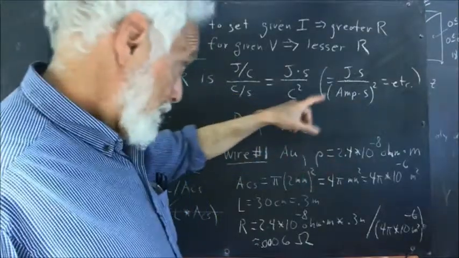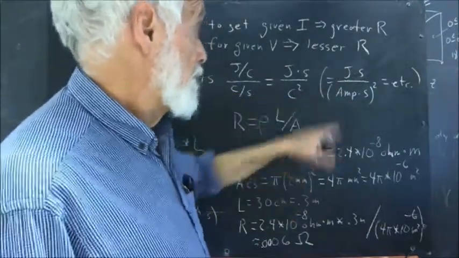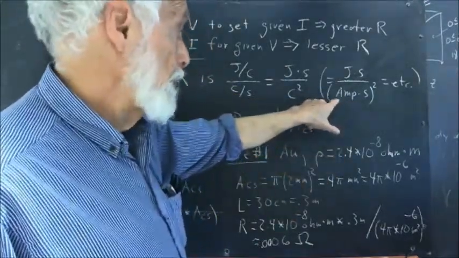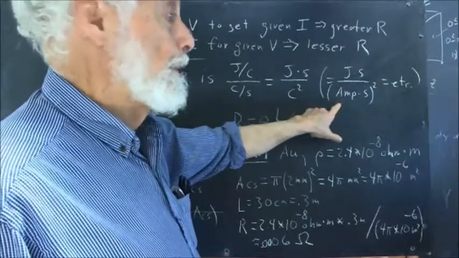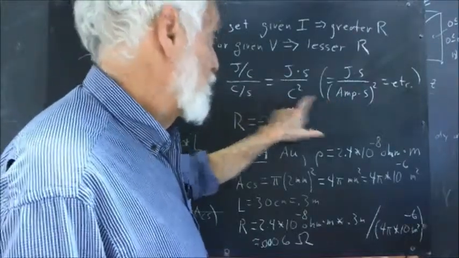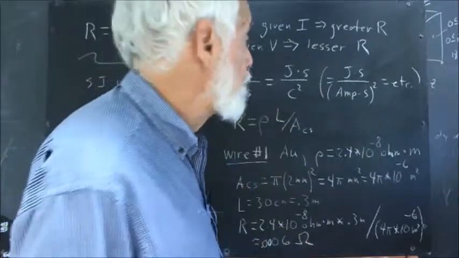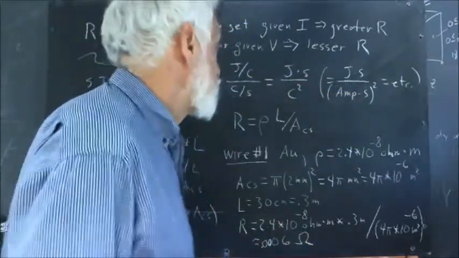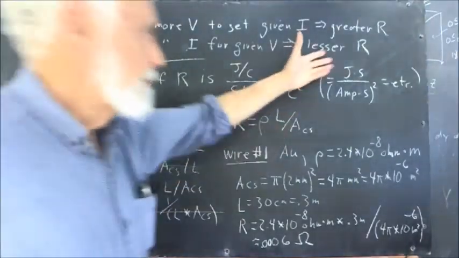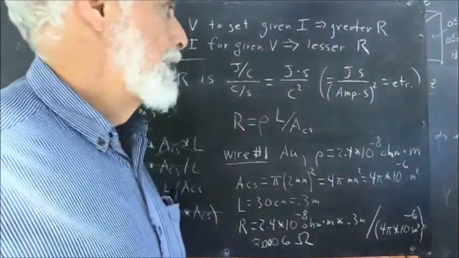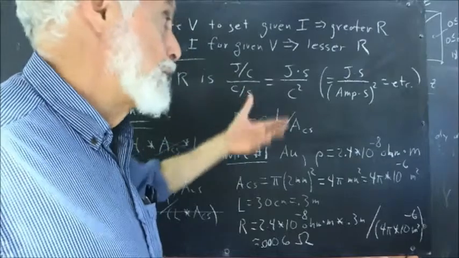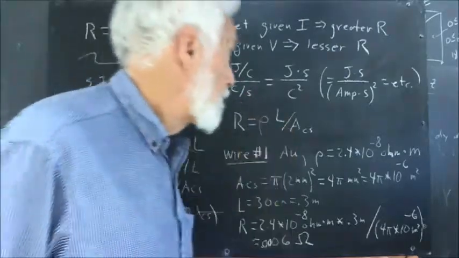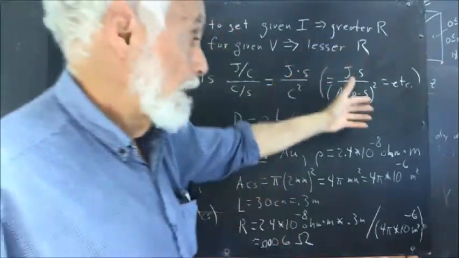And the reason we go to this is that the amp is a fundamental unit. The coulomb isn't. So the fundamental SI unit would be what? It'd be joules per amp squared second. And of course we can bring the joules down, express the joule as a newton meter, or kilogram meter squared per second squared, and get everything down into fundamental SI units.